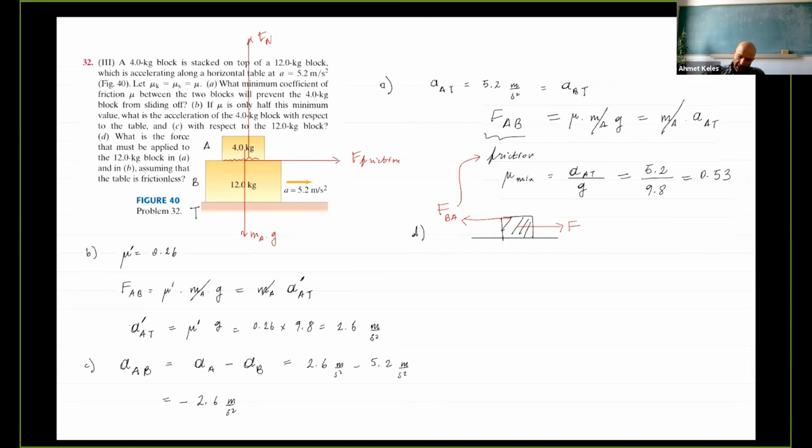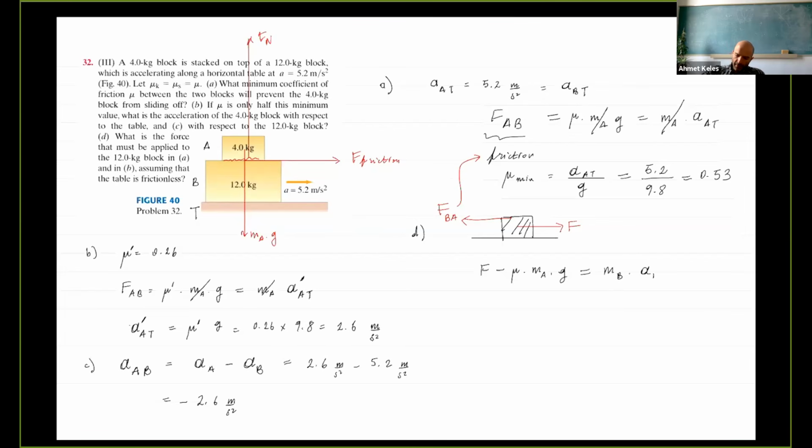And now the total force is F minus the friction force, which is mu times M_A times g, should be equal to M_B times a.